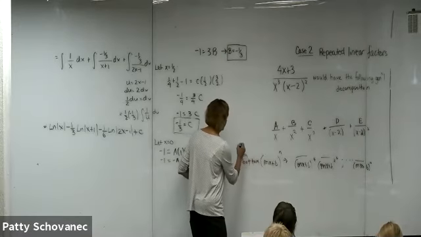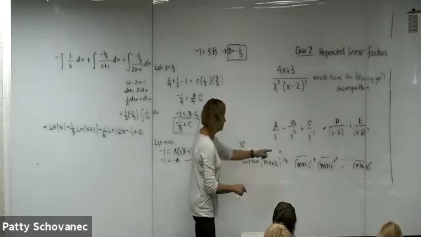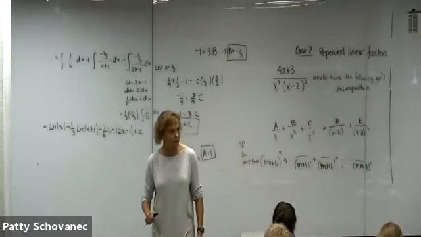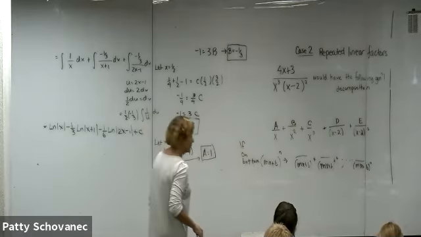So that's on the bottom. Then you have to break it up into repeated linear factors. So let's find an easier example than that one.